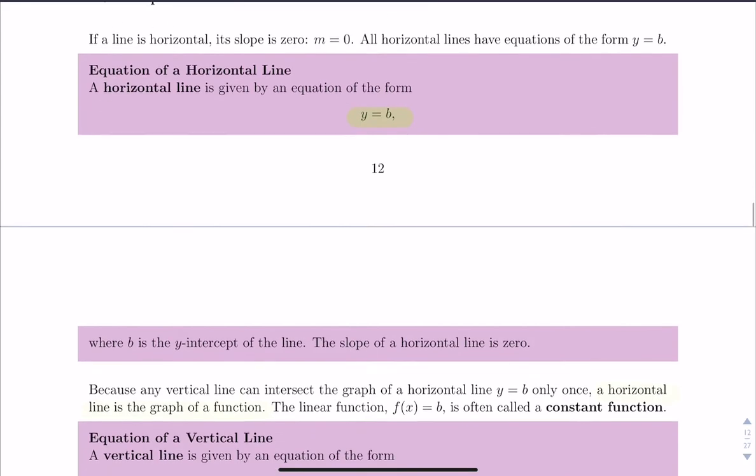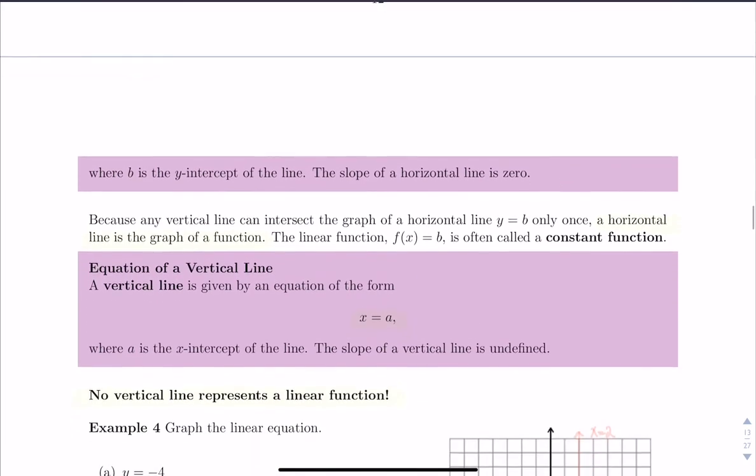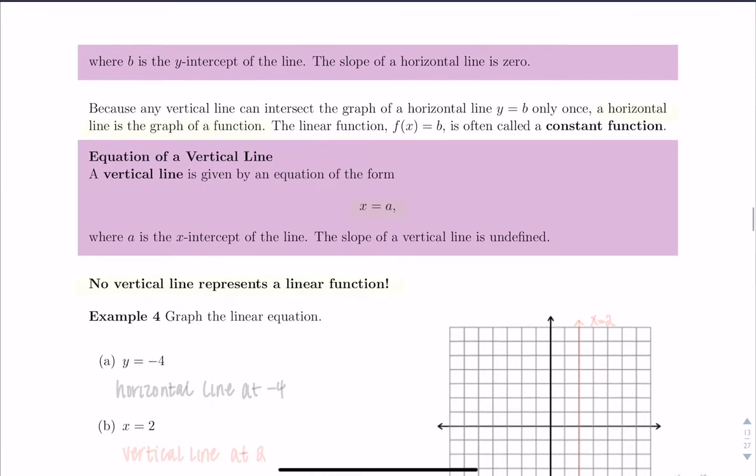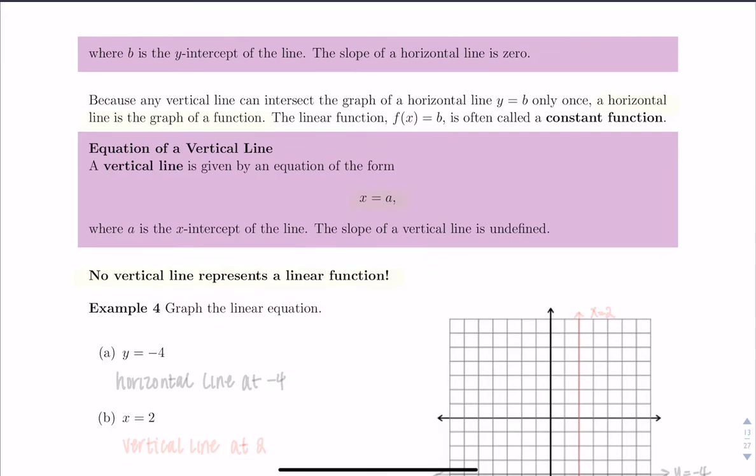Because any vertical line can intersect the graph of a horizontal line, y equals b, only once, a horizontal line is the graph of a function. The linear function f of x equals b is often called the constant function.